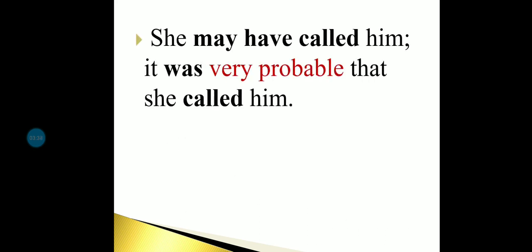The next example is, she may have called him. It was very probable that she called him. Right? She may have called him. It was very probable that she called him. Yeah. So once again, you can use either one. They mean the same thing.